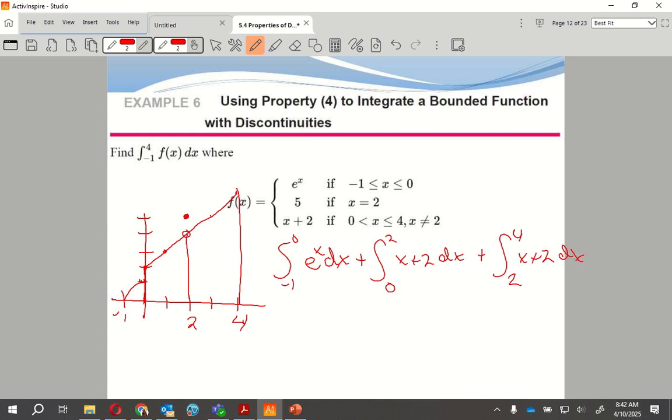Alright, anyone see a problem here? One of the functions, it's not continuous. Yes, it's not continuous.